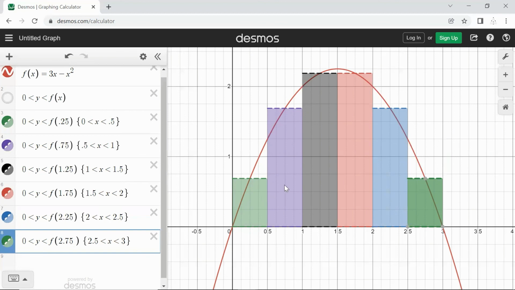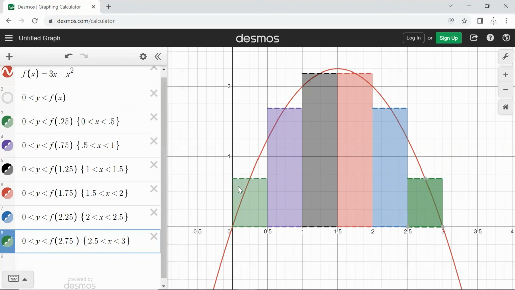If I were to utilize the midpoint rule, I'd have to add up these 6 rectangles' area as an approximation for the area under the curve. Now again, notice this is not going to be a perfect approximation. It's kind of hard to tell, but this isn't a perfect straight line.